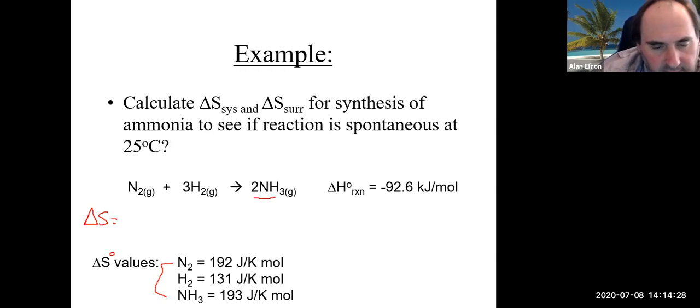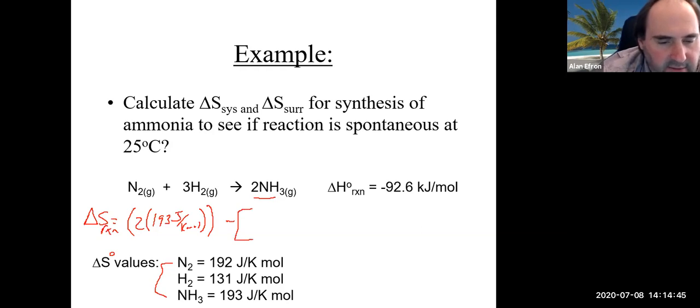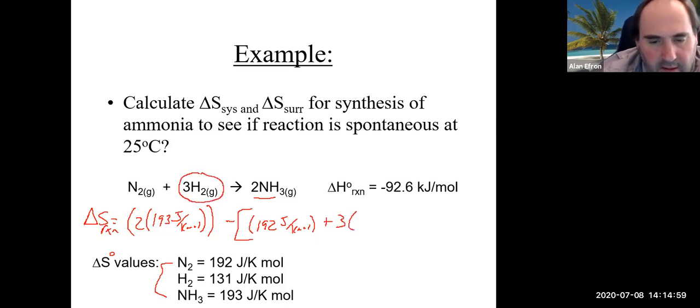So we have 2 of our NH3. So that was 193 each. And that's going to take care of everybody on the product side, minus our reactant side. So we have 1 and 2, which is 192, plus our other guy, which is 3 of our H2, which is 131.